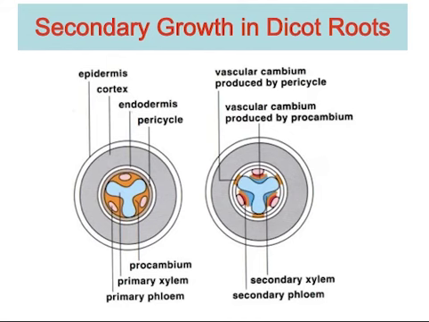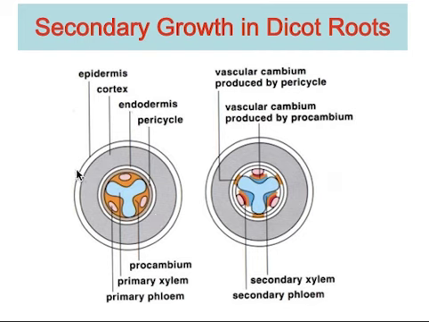So now we move on to the secondary growth of the root in dicot plant. The secondary growth occurs in many roots and usually results in the thickening of the root diameters.